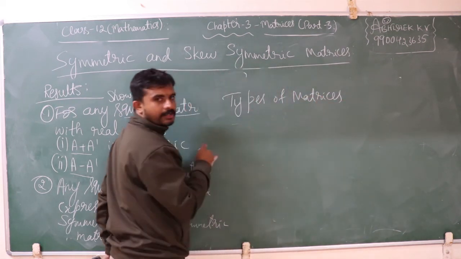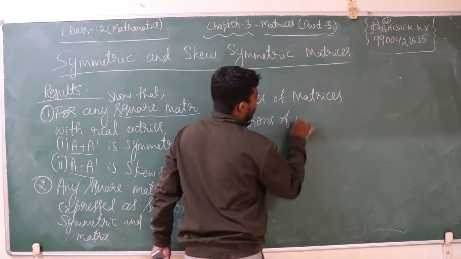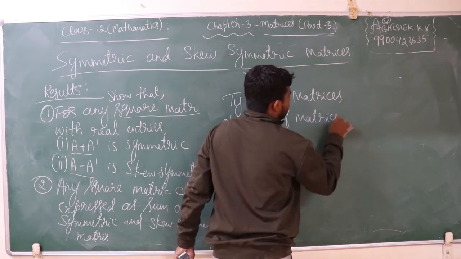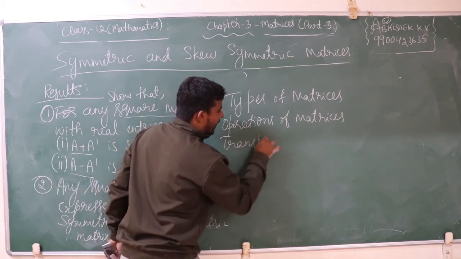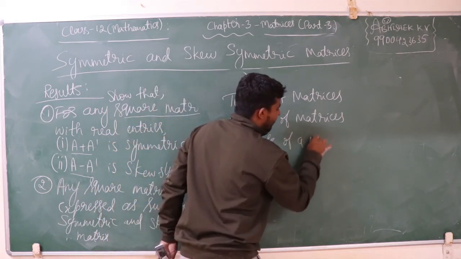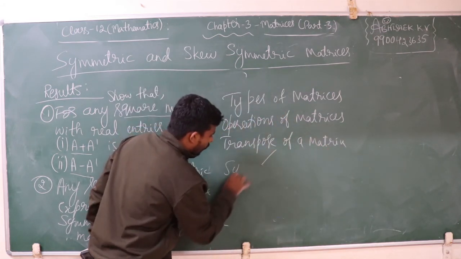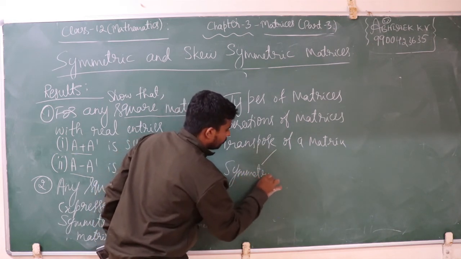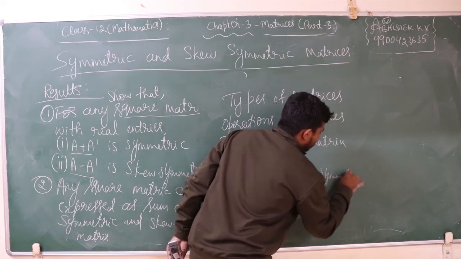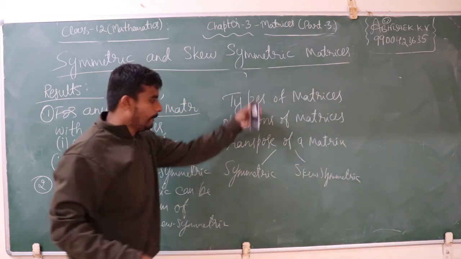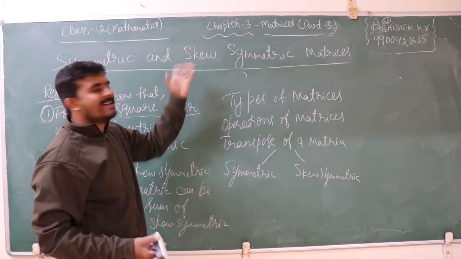Then, in the second part, we studied operations of matrices, and in the third part, we studied the transpose of a matrix, and from it we defined symmetric and skew symmetric matrix. This is the complete syllabus which we have already studied in chapter 3.